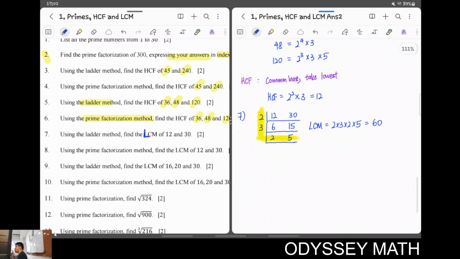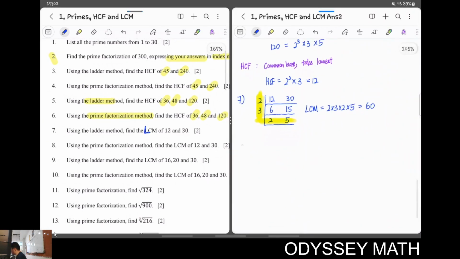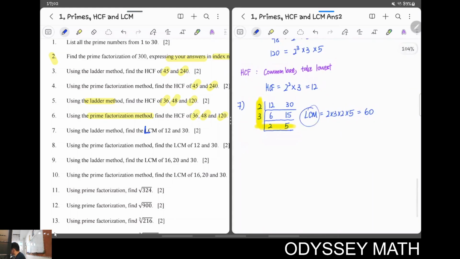So remember you must multiply in the L shape. With that, let's do question number 8. Actually, before I do question number 8, sorry, what does LCM really mean? It stands for lowest common multiple.